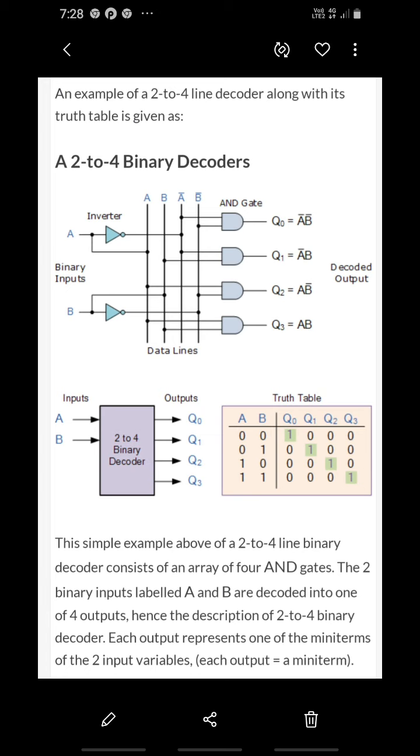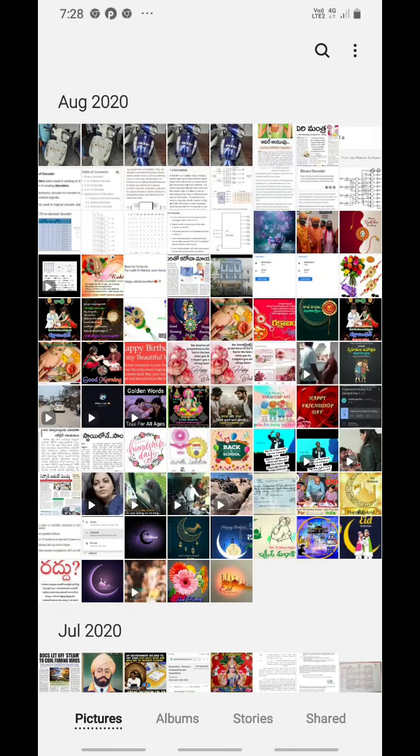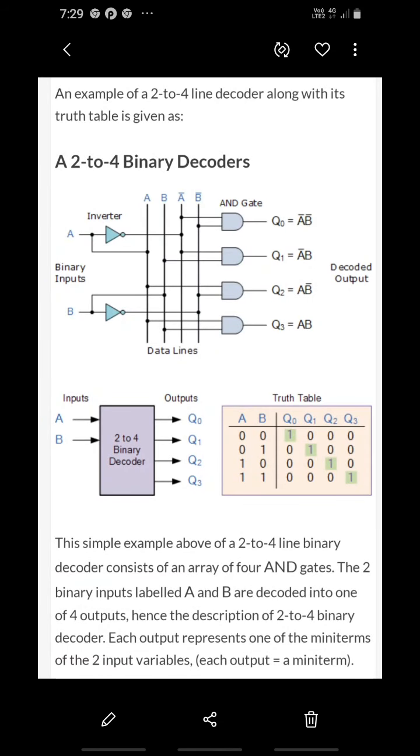So here the 2 binary inputs labeled A and B are decoded into one of 4 outputs. This simple example above of a 2 to 4 line binary decoder consists of an array of 4 AND gates.